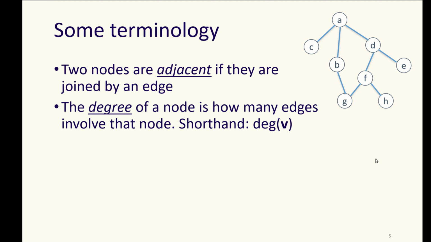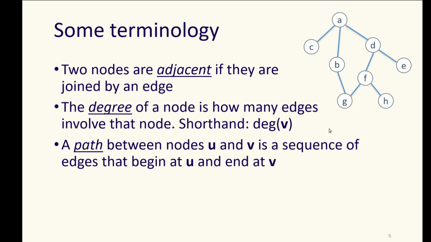The degree of a node is how many edges involve that node. And we'll use deg as if it were a function to talk about the degree of a particular vertex or a particular node. And a path between two nodes u and v is a sequence of edges that you could follow beginning at u and ending at v.